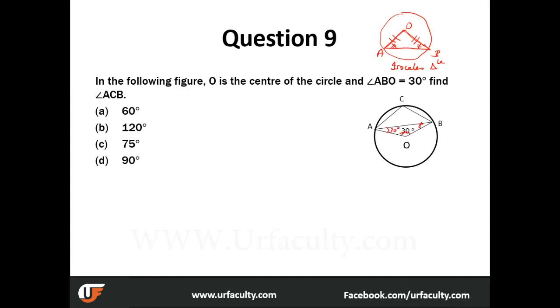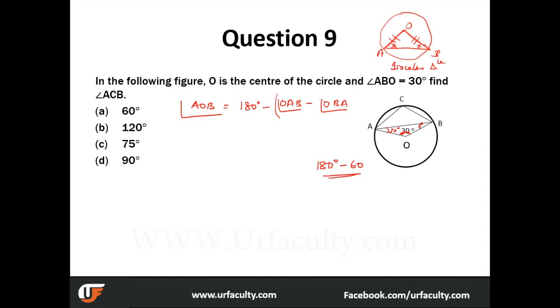Then what is this angle? If this is 30, this is 30, and 30 plus 30 is 60, and the sum of the angles is 180. So we know that angle AOB is equal to 180 degrees minus angle OAB minus angle OBA.